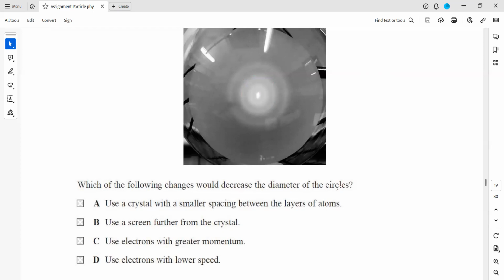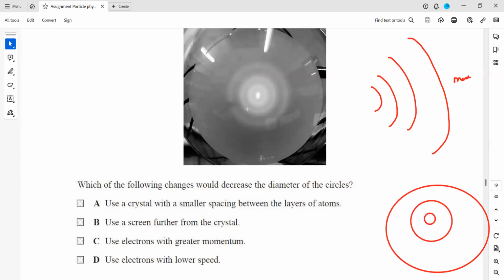Look, if it is having a maximum diffraction, if the wave is diffracting more, then as a result, the spacing between the circles when you observe on the screen will be larger. But if it is having a minimum diffraction, if you reduce the diffraction, then with less diffraction the circles will be closer to each other.